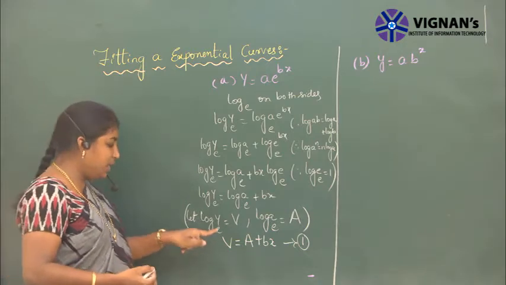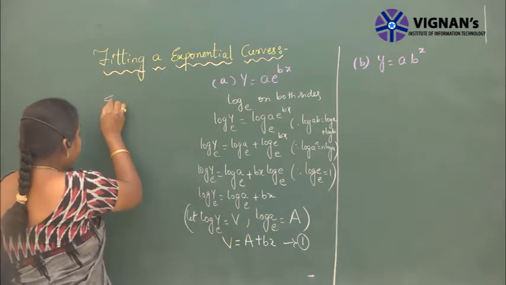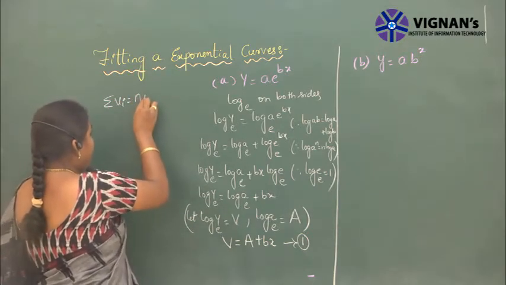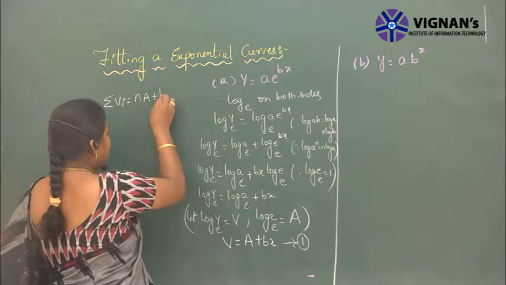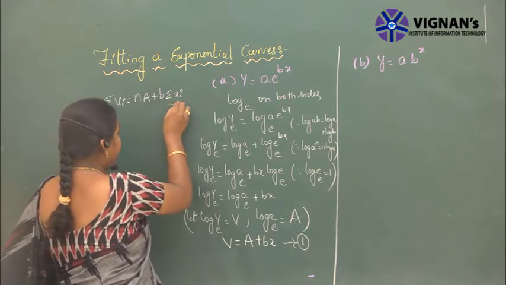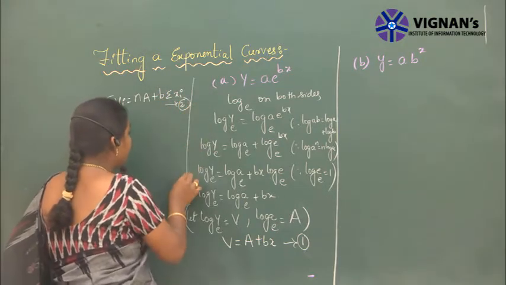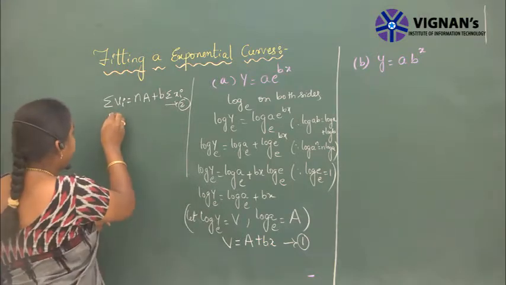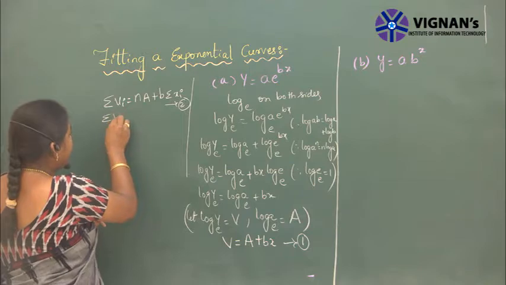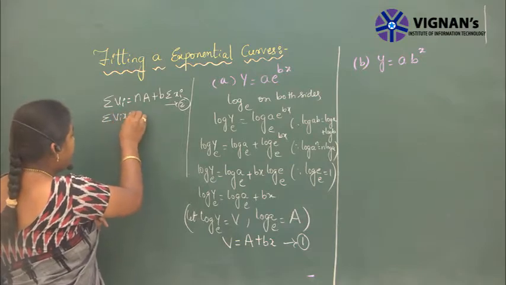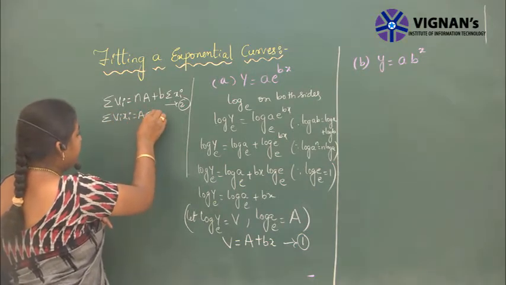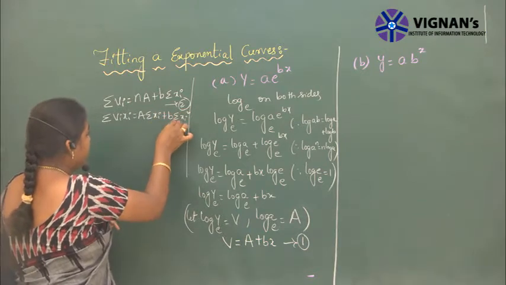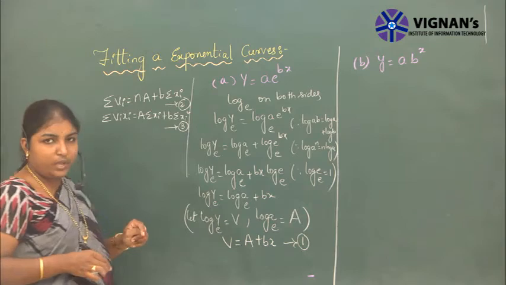That is, we know that summation Vi is equal to N A plus B summation Xi; let this be equation 2. And the second normal equation is summation Vi into Xi equal to A into summation Xi plus B into summation Xi square; let this be equation 3.